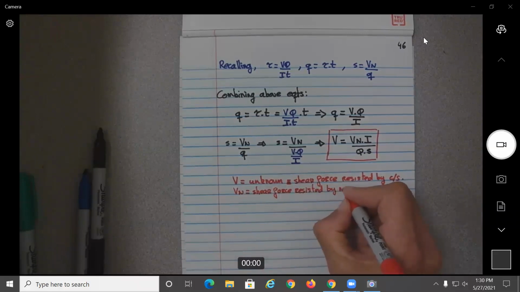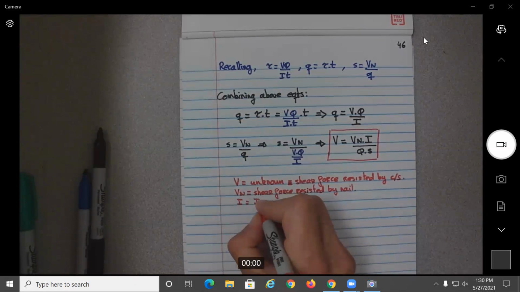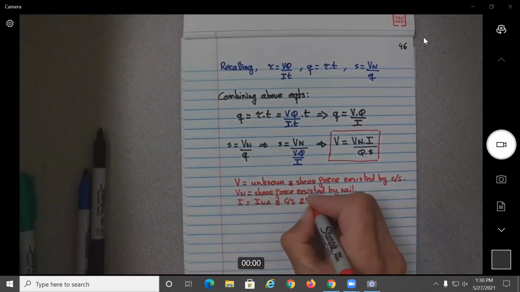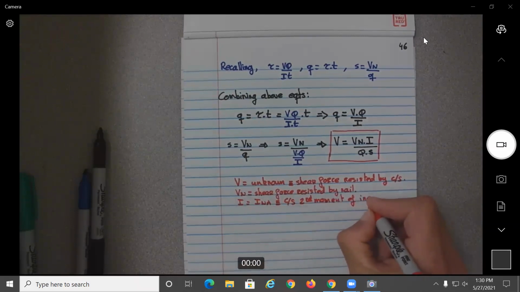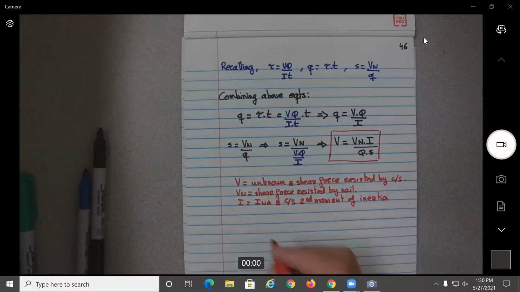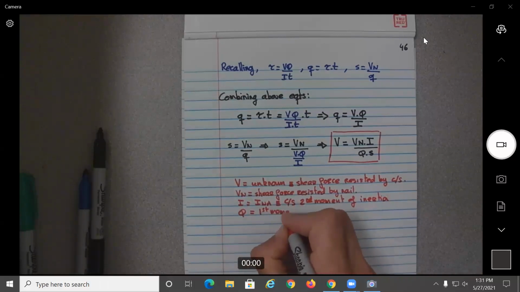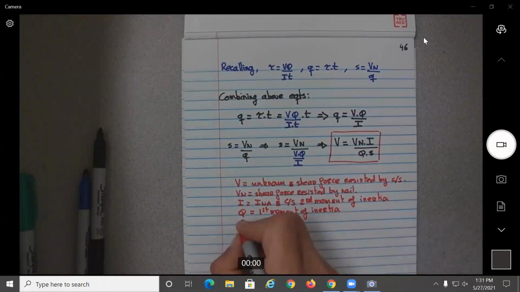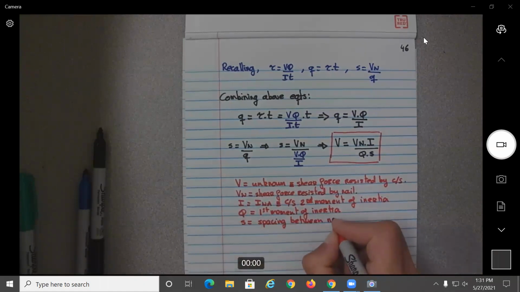So it's two different ones, okay? I for us is the cross section second moment of inertia, Q will be the first moment of area, and S is the spacing between nails.